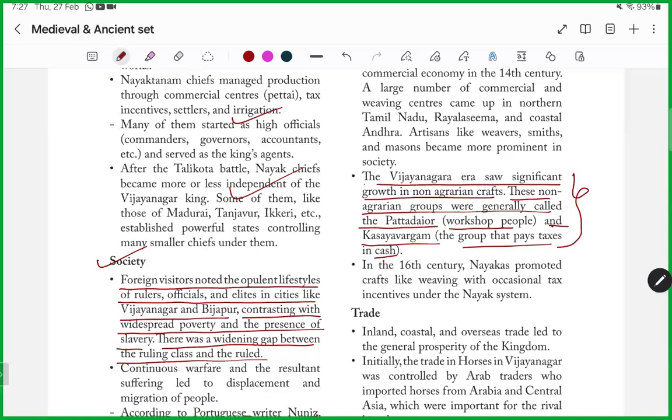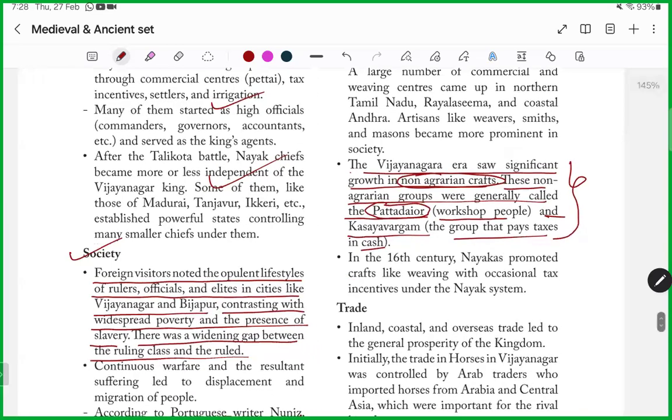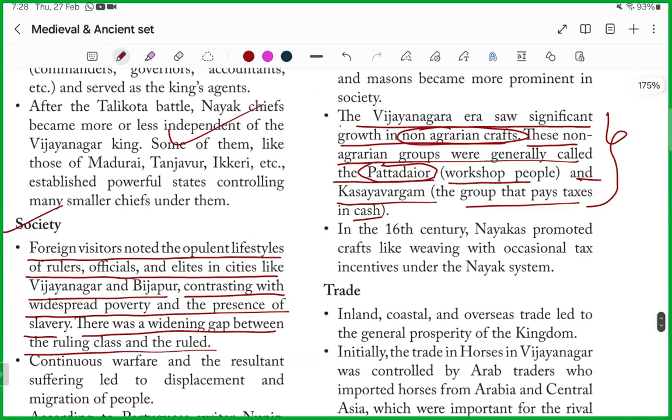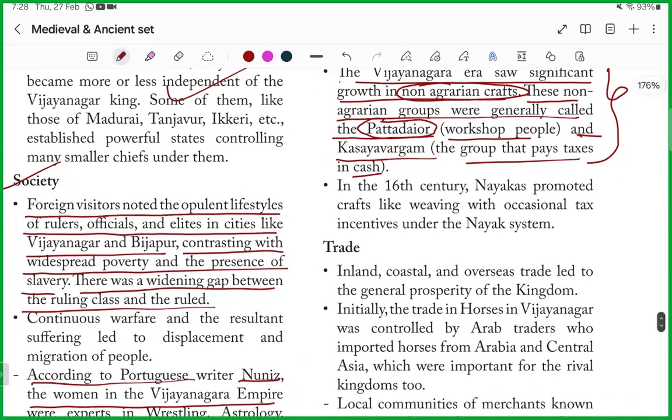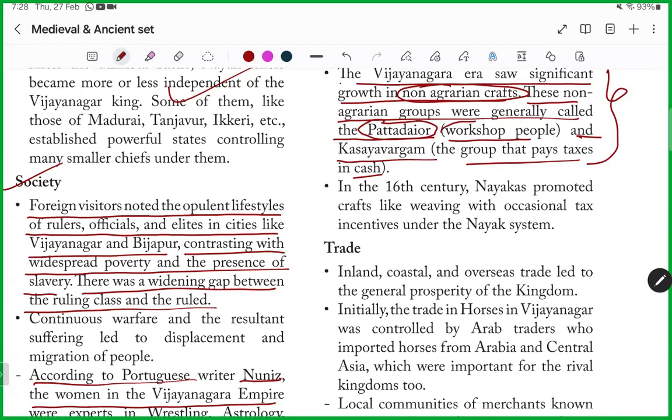So what does Patoder mean? These are the workshop people, and they are the non-agrarian people. Agrarian people are those who rely for their livelihood on agricultural activity. But the non-agrarian people are called the Patoder, the workshop people, maybe the blacksmiths. So Patoder, the workshop people, and the Kasayavargam, the group that pays taxes in cash.